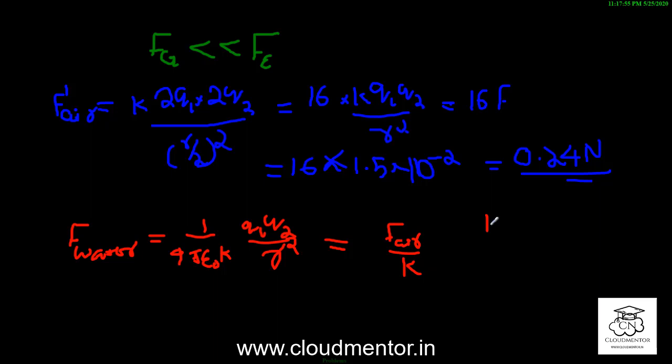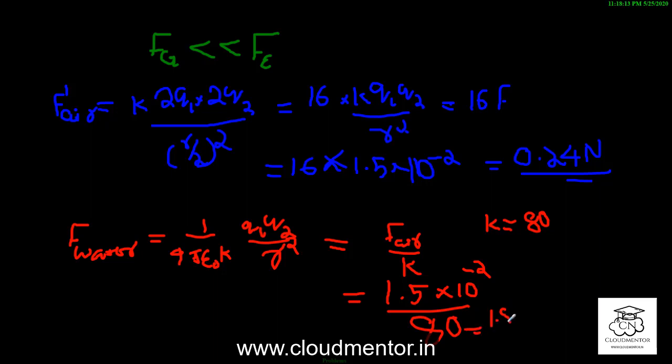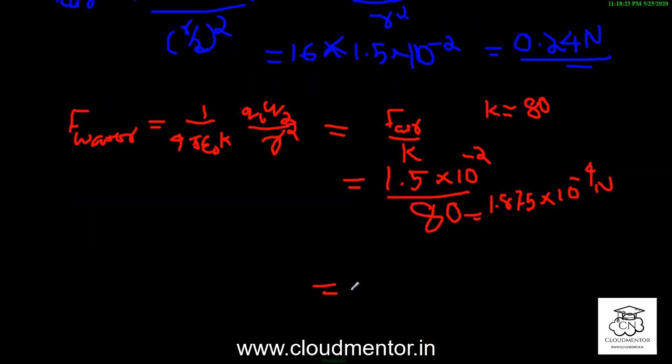Here k is given as 80 in the question itself, so we can give the values 1.5 into 10 raised to minus 2 divided by 80. So the answer will be 1.875 into 10 raised to minus 4 Newton. Approximately it can be written as 1.9 into 10 raised to minus 4 Newton.